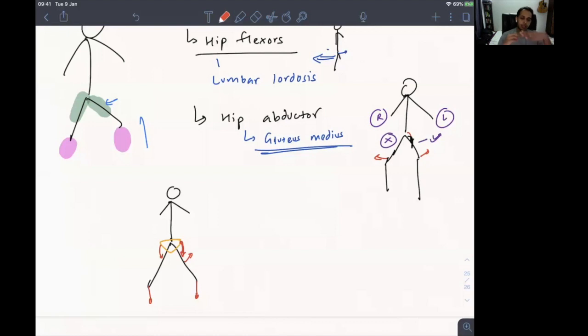Okay. Now, supposing your opposite side gluteus medius is weak, then this correction of your pelvic bone will not happen. So as soon as you lift one leg, your pelvic bone will drop on that side if there is a weakness of your abductor muscle on the opposite side. Okay, and this is known as the Trendelenburg sign.